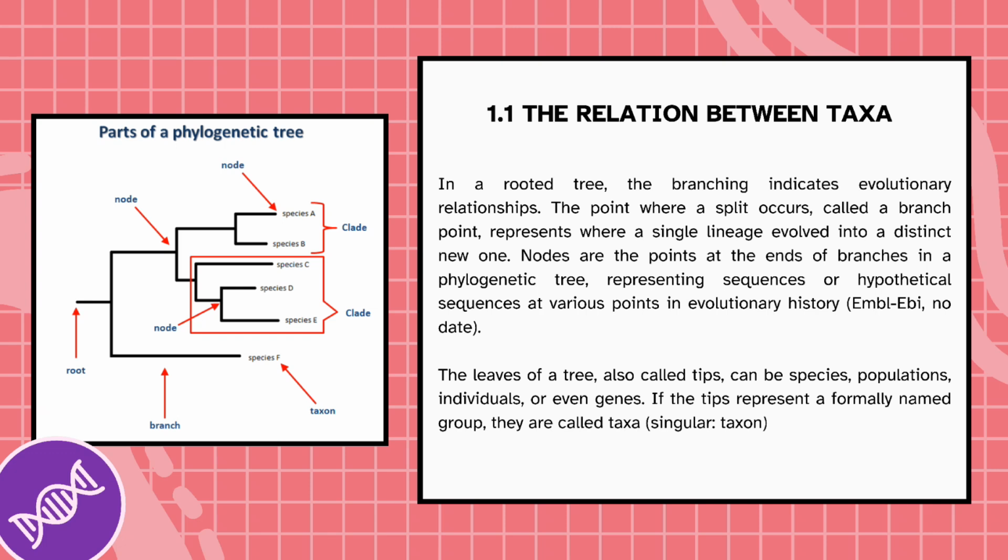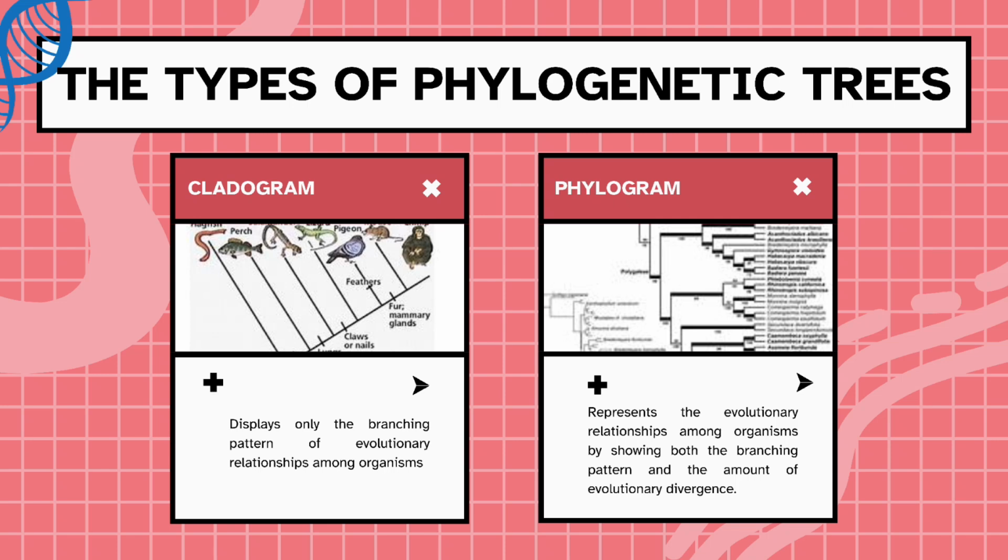The leaves of a tree, also called tips, can be species, populations, individuals, or even genes. If the tips represent a formally named group, they are called taxa, singularly known as taxon. There are two types of phylogenetic trees. Cladogram displays only the branching pattern of evolutionary relationship among organisms.